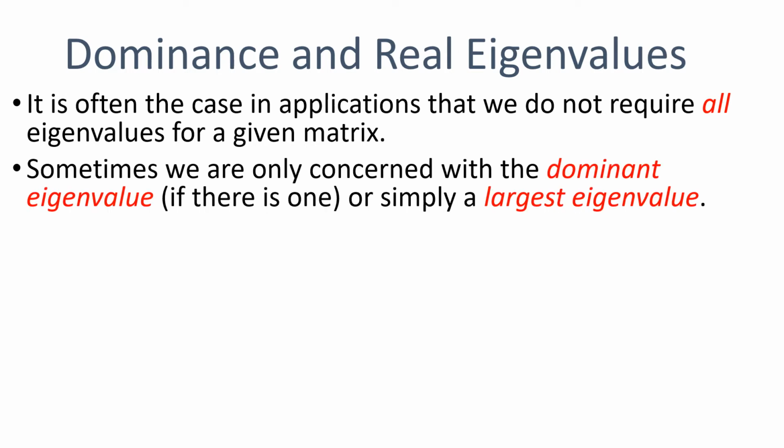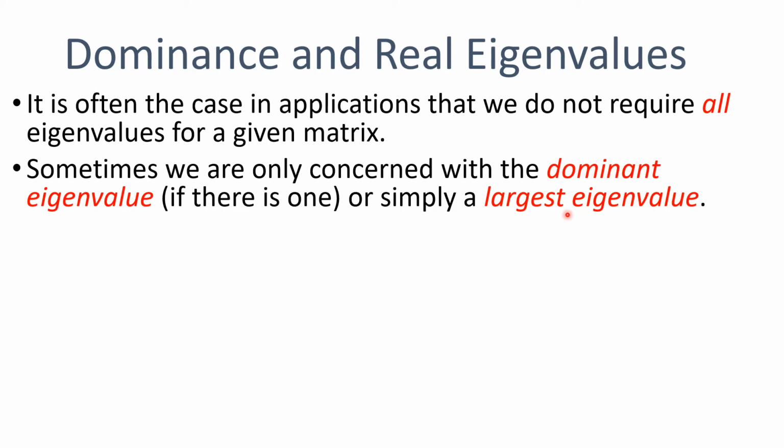Sometimes we are only interested in the dominant eigenvalue if there is one. So you'll recall that the dominant eigenvalue is the largest eigenvalue, but largest in the sense that its size is strictly bigger than any other eigenvalue for that matrix.